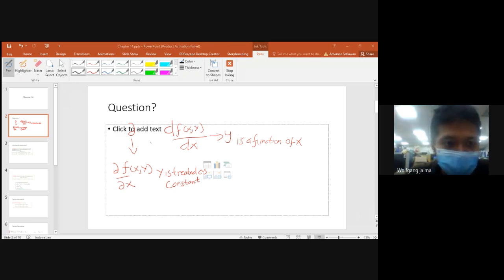Okay, so limit and continuity, basically it is the same as chapter 2, but this is for multivariable.